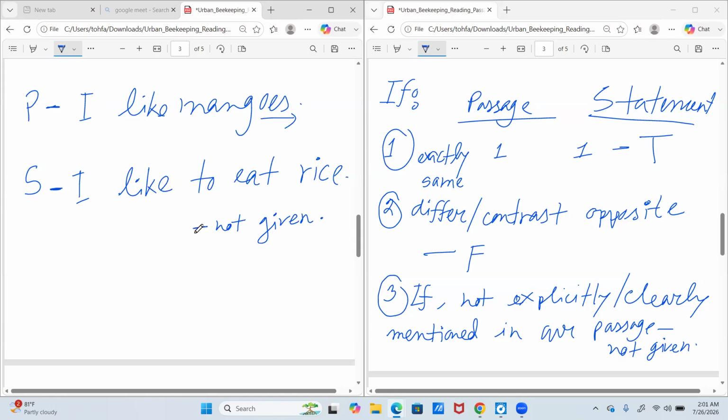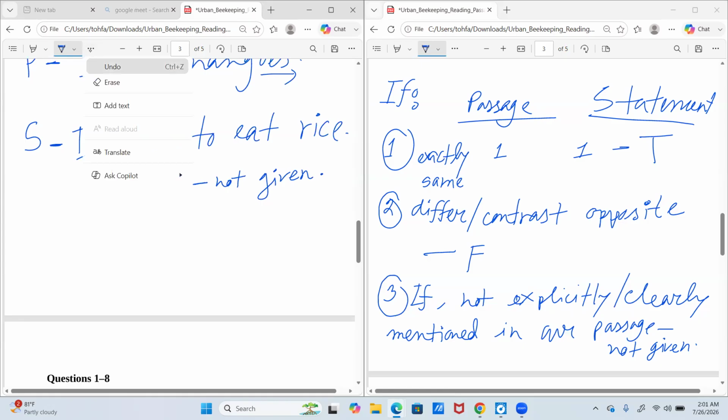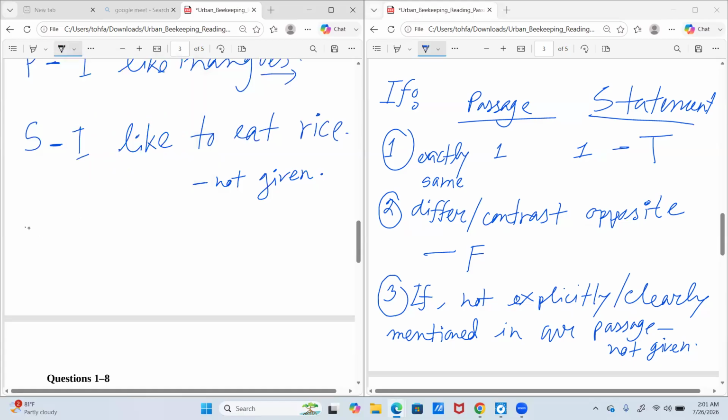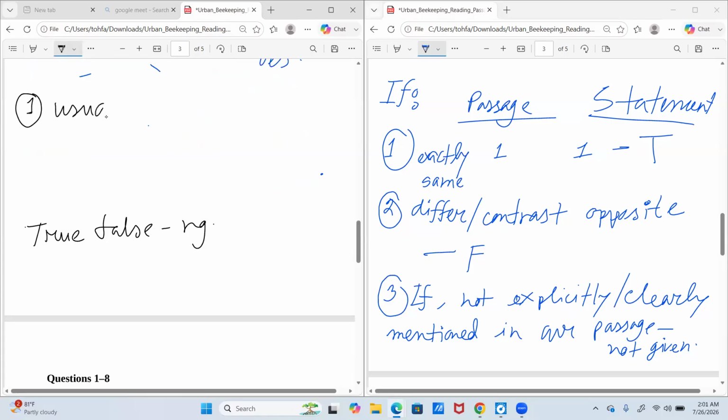Okay, then let's learn some more things about the true, false, not given question type. Generally, it's very usual that the answers would come in order.